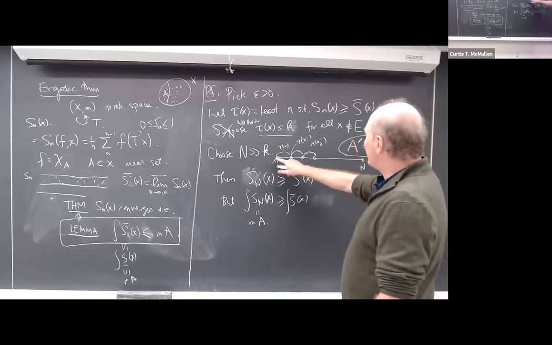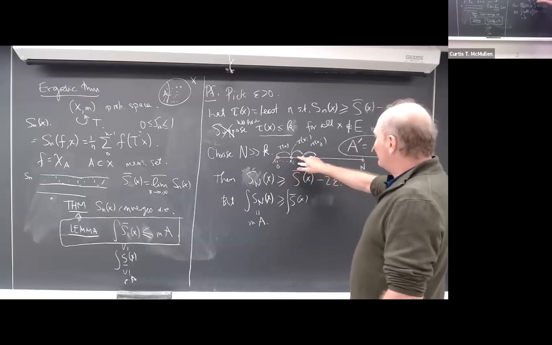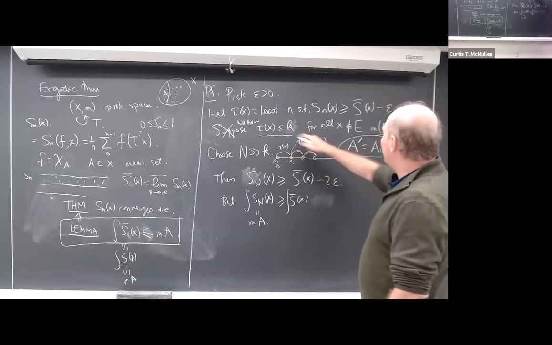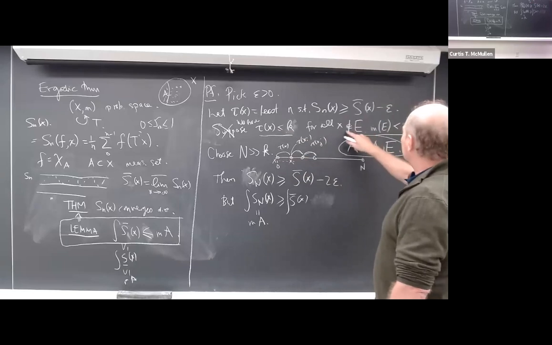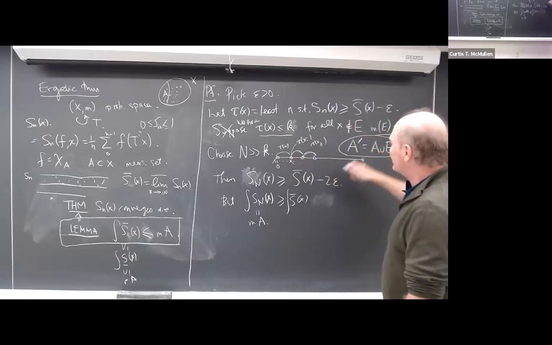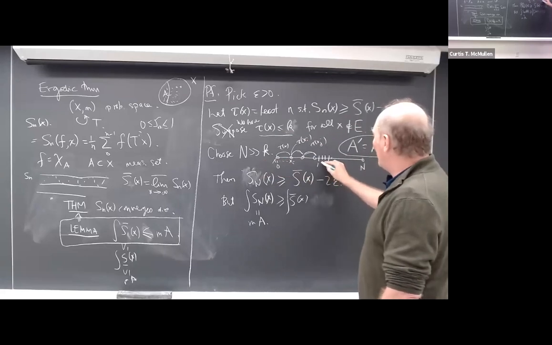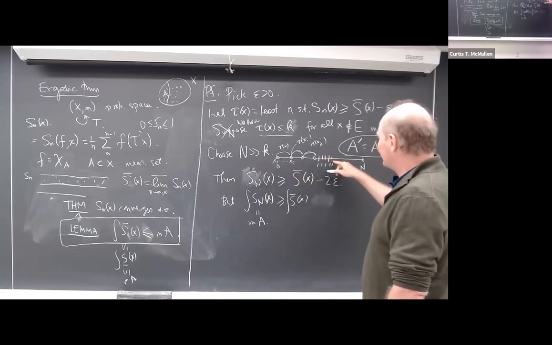And so what happens there, there's these places where tau of x is small, and they're good, and then there's the places where tau of x is big. Well, that's where you're in the exceptional set, but the exceptional set has been thrown in there. So here, when you're looking at these S_n, you're getting 1 at all of these points. You're in the set.